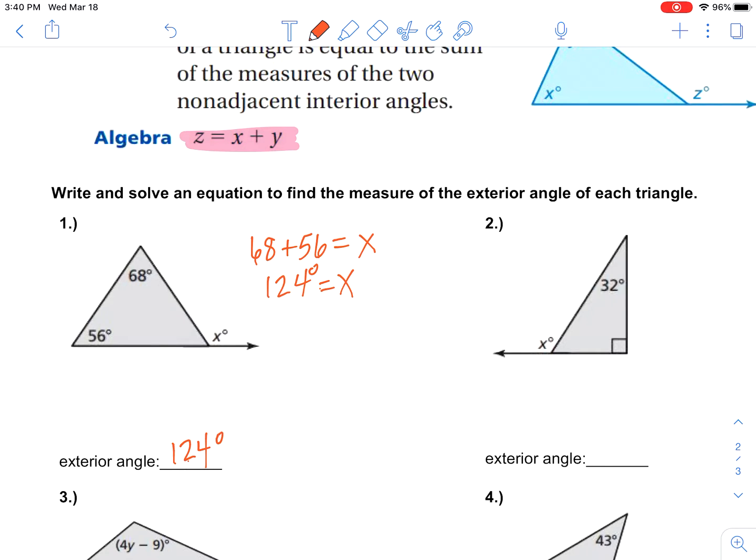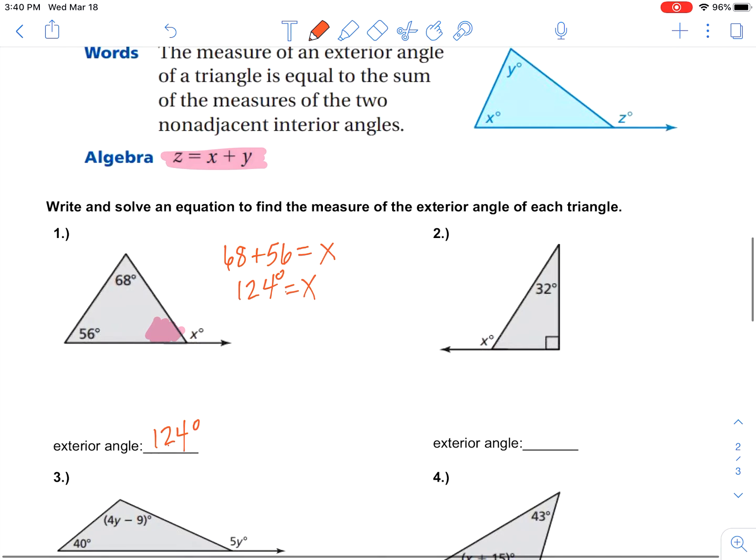Obviously, you can find that exterior angle by saying the sum of the interior is 180. So if I figure out this interior angle that I just highlighted, I can take 180 minus that and get 124. But it's just easier to set these up: two interior equals the exterior, and you'll find your answer much quicker and in one step usually.